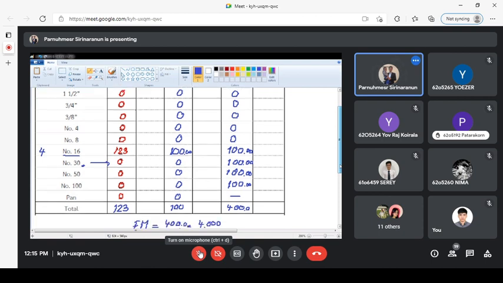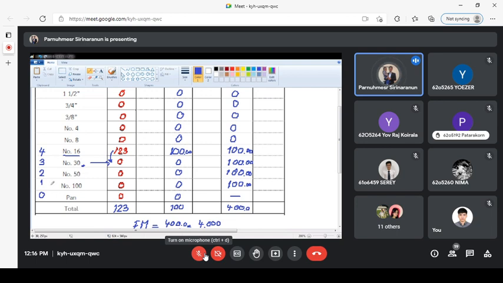Can you tell me? Not retained on number 16, only retained on number 30. What do you get for the fineness modulus? 3. Yes.